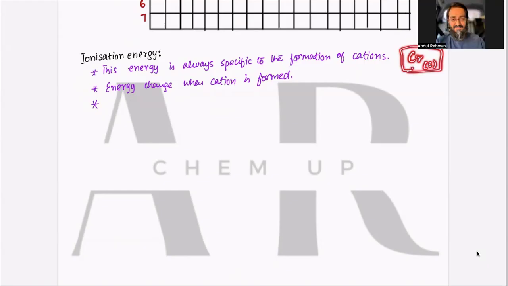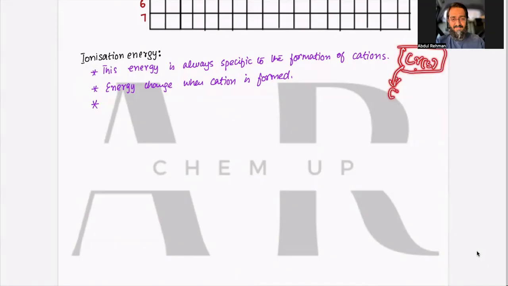So the thing is, first, can I knock an electron from this chromium atom or not? Can I remove it? Yes, sir. How? Ionization energy is required. Okay.